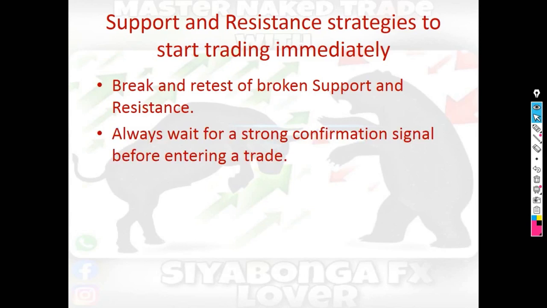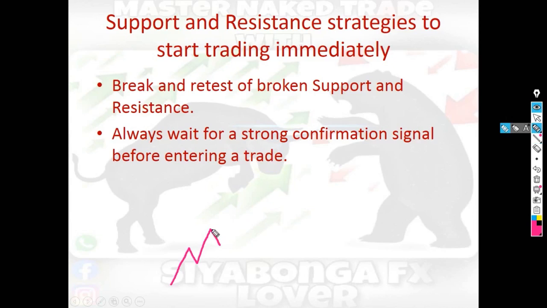Of course, when you're trading a break and retest of support and resistance, always wait for a strong confirmation signal before entering. So a break of support and resistance strategy looks something like this: higher high, higher low, higher high, higher low, and then our potential resistance here.